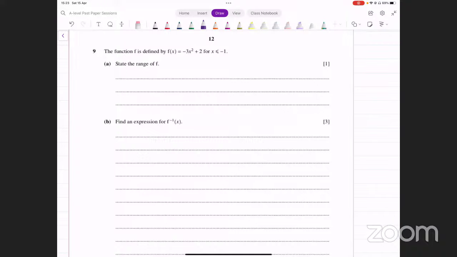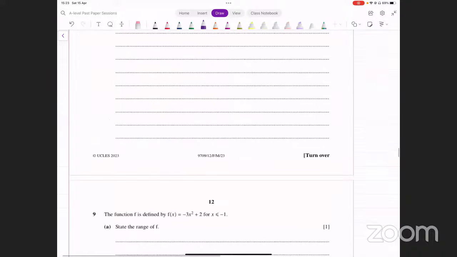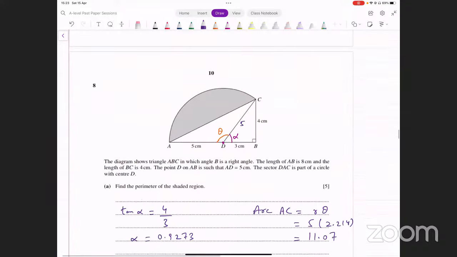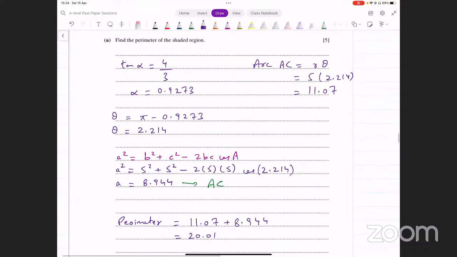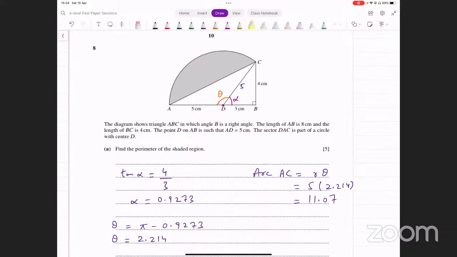Right angle triangle ABC, to find AC, let me go back there. Oh yes, I did not actually think about that. That's much quicker, so that's a very good spot. Rather than using the cosine rule here, you could just use this bigger right angle triangle.